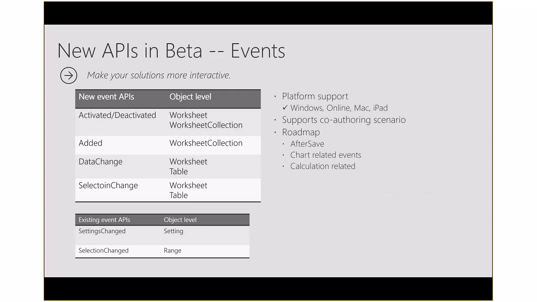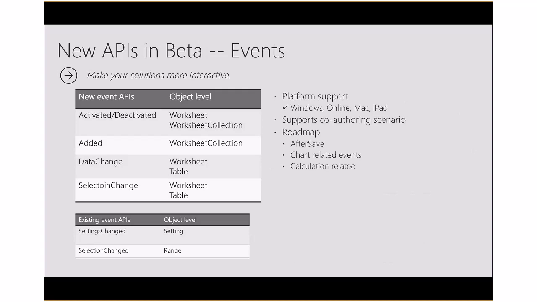We've had worksheet events and Excel events before. Those centered around selection change or data change based on the binding, and also settings change events. Those have existed since, I think, 1.2, 1.3. But those were limited in nature, and we are adding support for a lot more events.